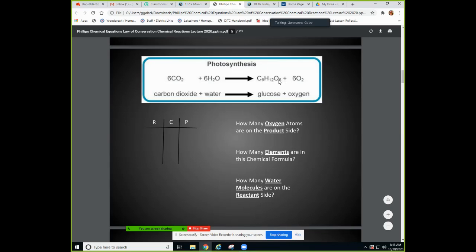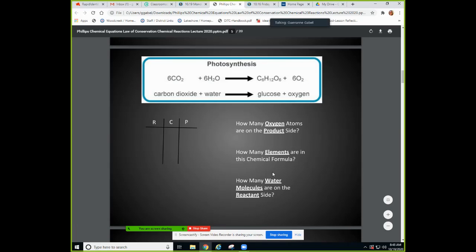So I see 6 oxygen atoms here in this compound, and then 6 times 2, that's 12 total in this one. So 12 plus 6 is 18. So there's 18 total oxygen atoms on this entire side. Okay? So it said the product side, so you have to add the oxygen atoms from here and from here.